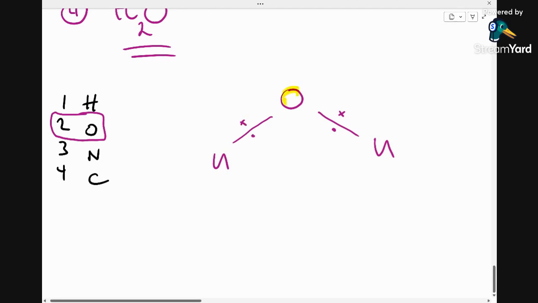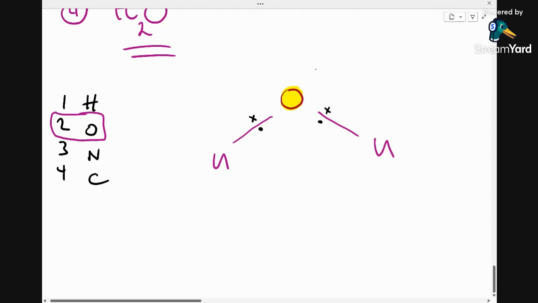And hopefully you appreciate that this oxygen here is definitely electronegative. So the electrons, both the hydrogen's electron that it's contributing to the covalent bond, and oxygen's, are going to be located far more towards the oxygen than the hydrogen.